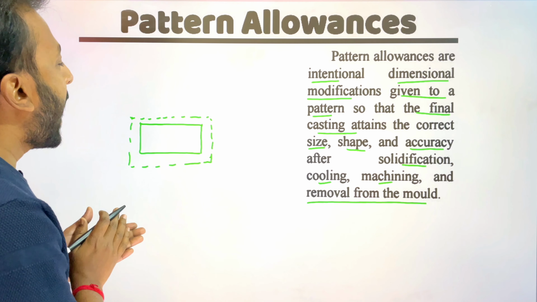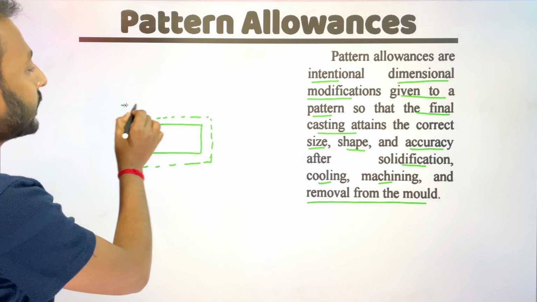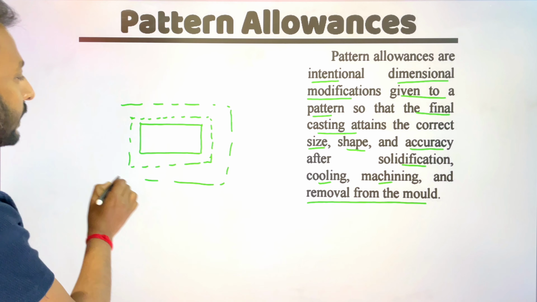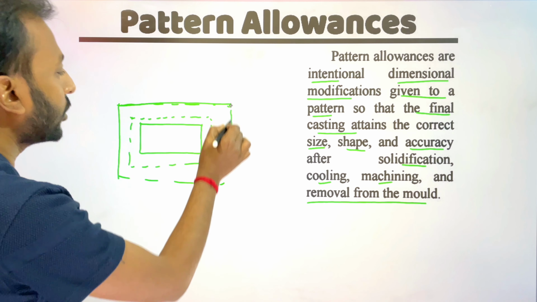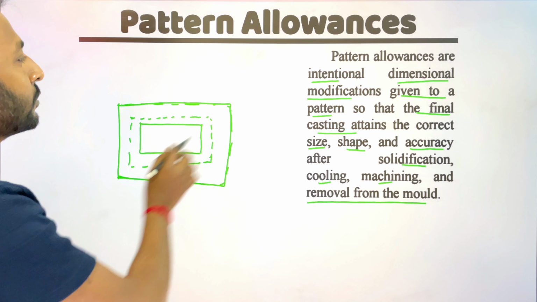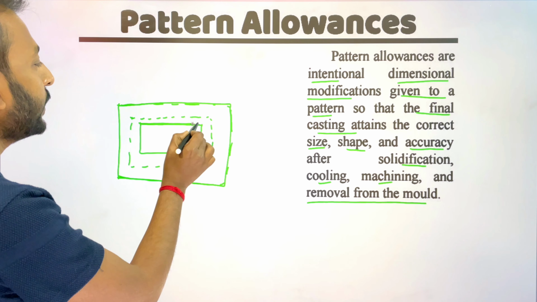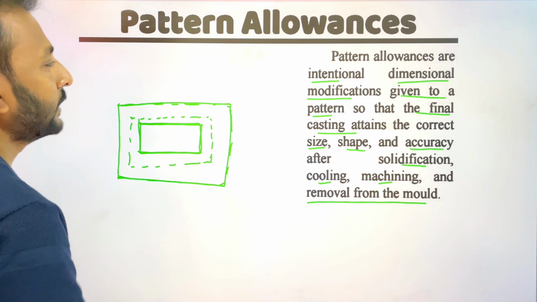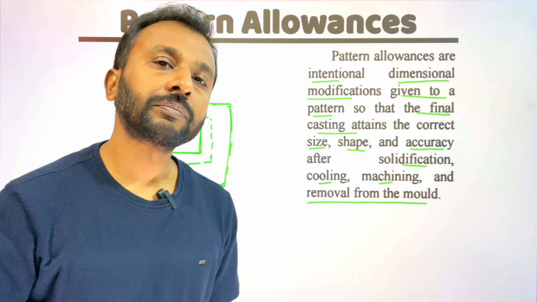So we have to create the pattern more than the actual size of the product. So after solidification it will fit the original product. This is one type of pattern allowance.